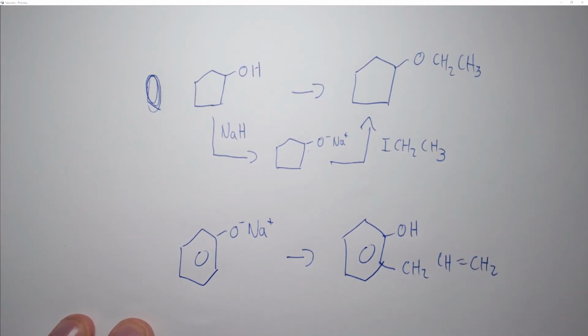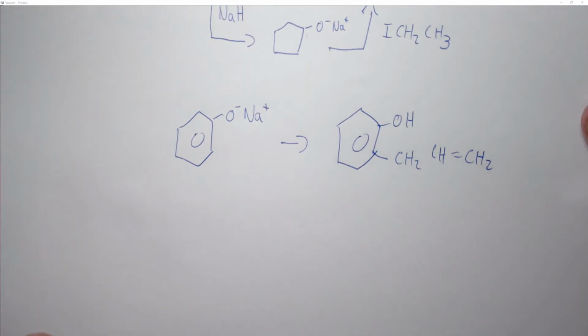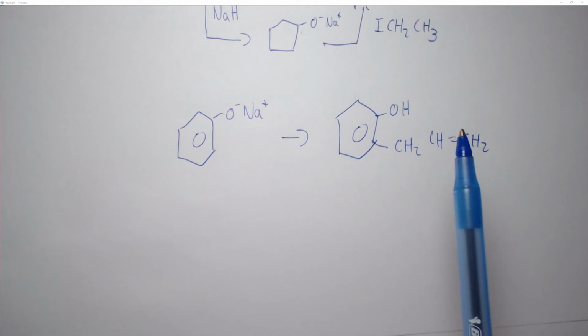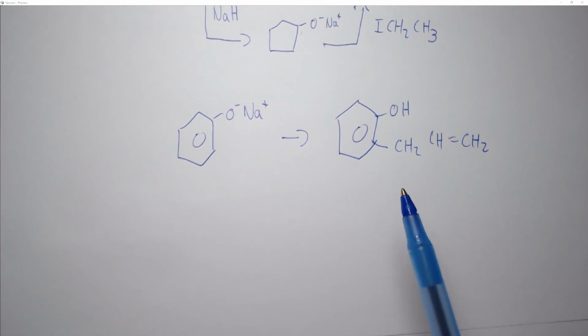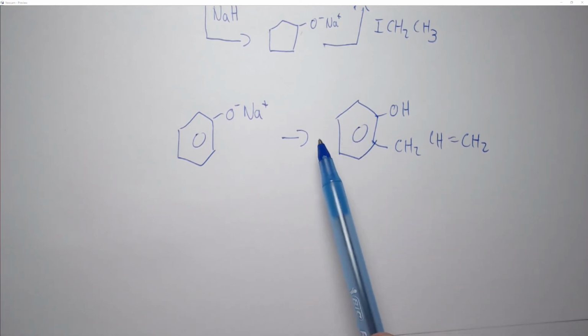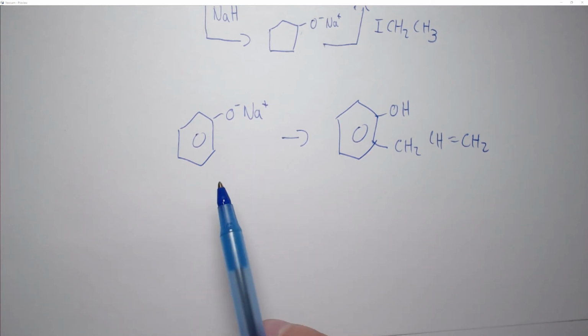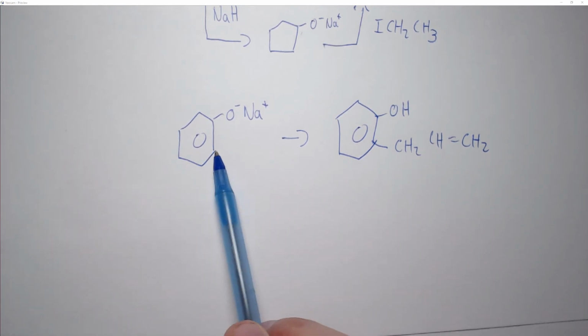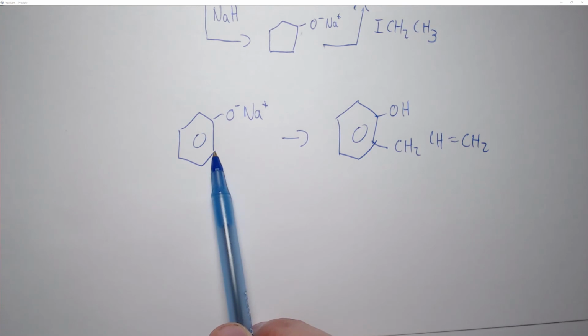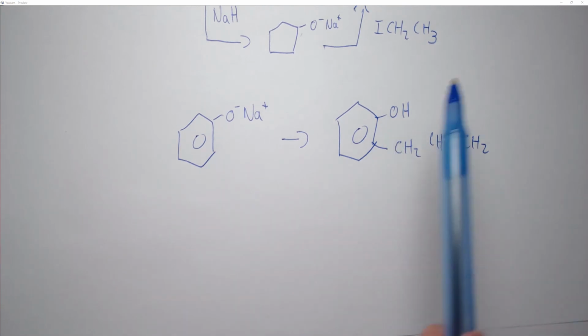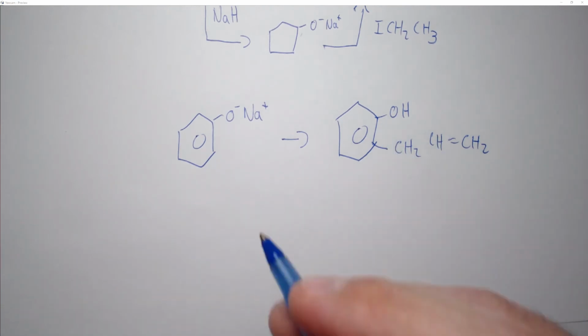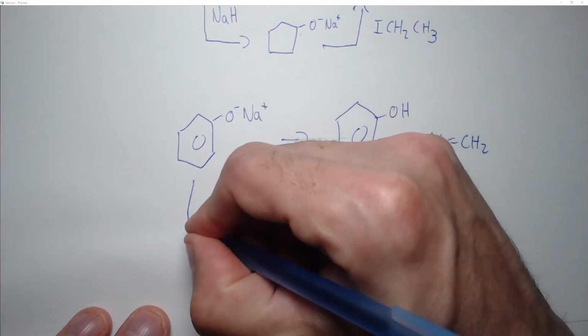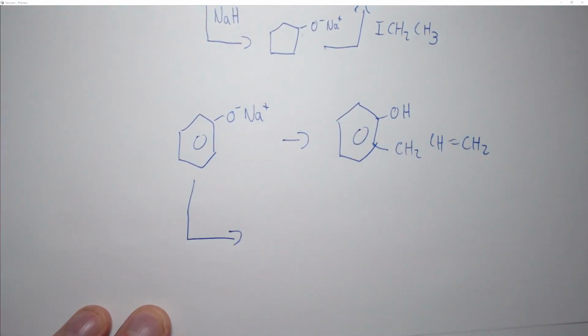So in this case, we've gone from the deprotonated alcohol to a phenol with an alkyl group attached to it. And I need to move my paper up here so we can do this reaction. So in order to get this to work, what we need to do is somehow add an alkyl group to this other carbon. And if you remember, this is set up for a Claisen rearrangement. But before we can do the Claisen rearrangement, we need to make the ether.